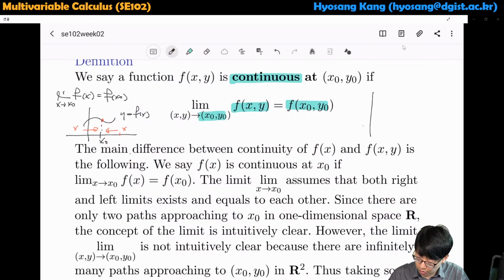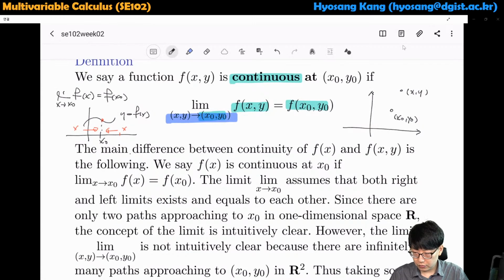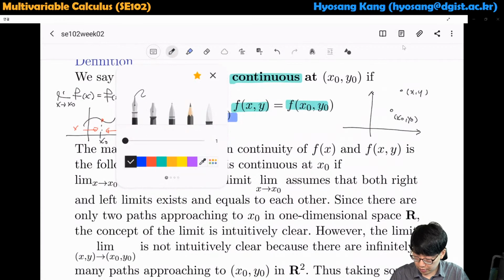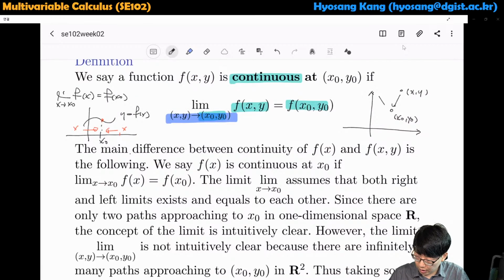But when you're talking about a two variable function, you need to consider every direction toward (x0, y0). This statement is somewhat ambiguous. I want to approach my point (x, y) to (x0, y0). You can approach from anywhere.